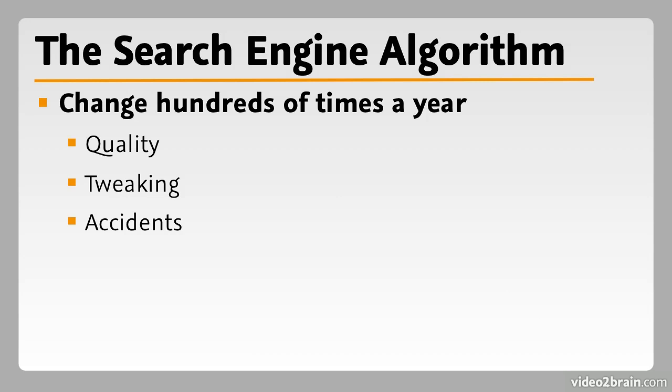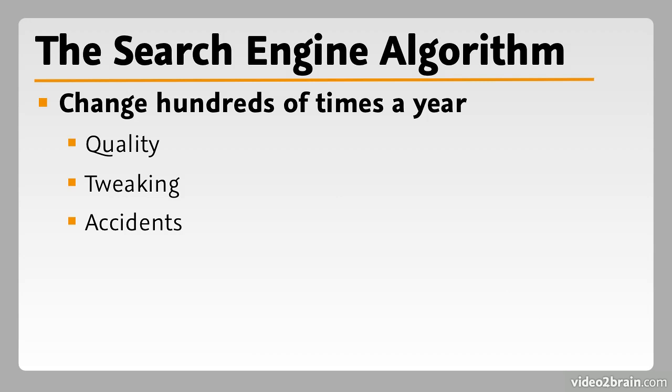And that's because the search engine is constantly trying to refine the results, searching for more quality. You see, the customer of the search engine is the searcher. And so the better results the searcher gets, the more that searcher is going to use that search engine. And so quality is of utmost importance to a search engine, and all these little tweaks to the algorithm are geared to improve the quality.